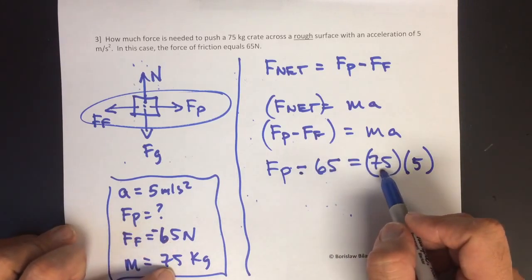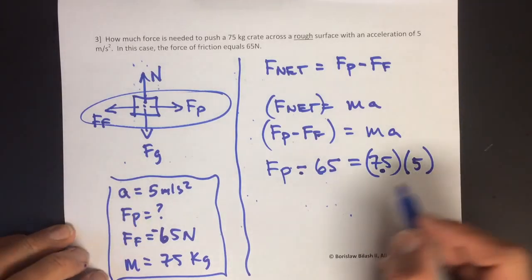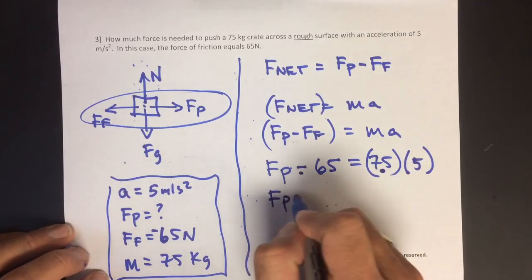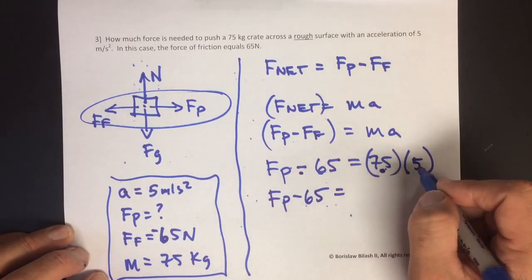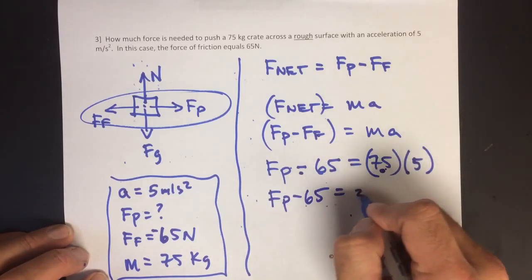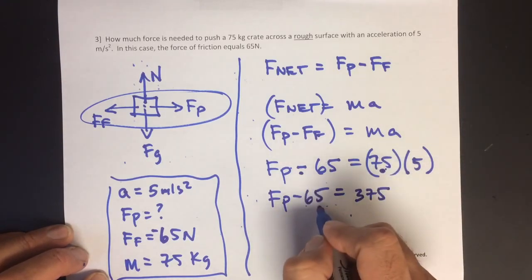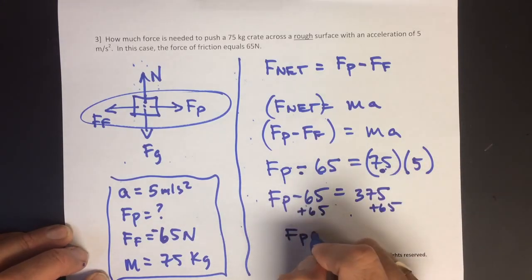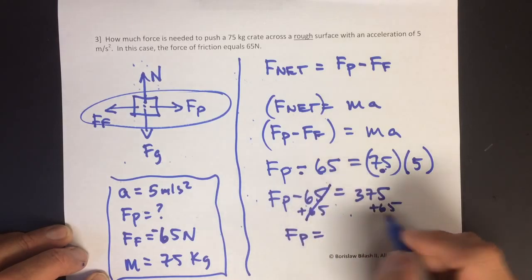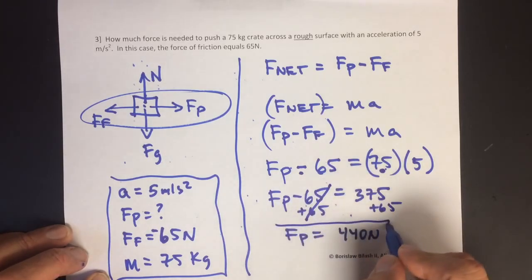This is 75 kilograms, and the acceleration is 5. So Fp minus 65 is equal to 75 times 5, which is 375. So now I have to take this 65 here. I need to add 65 and add 65. And Fp is going to be equal to 440 newtons.